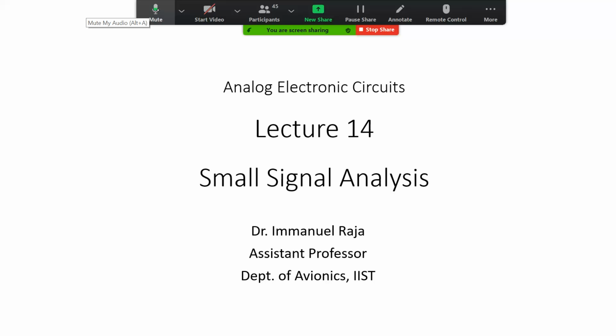So last class we were looking at how the BJT can be analyzed using small signal analysis, and we can do small signal analysis on BJT transistors. So the hybrid pi model that we looked at. If you remember, we have the base, we have this resistor which we denoted as R pi, right?